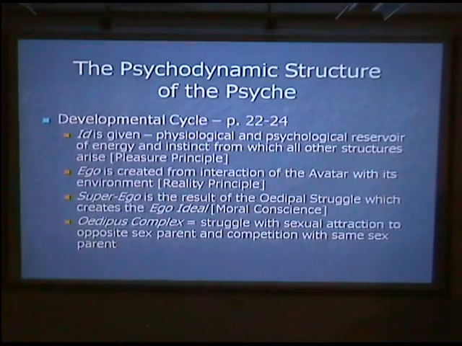As it encounters all of these things, it has to adapt. And it is that adaptation which creates the ego. Okay? And it is dominated by the reality principle. That is, it needs to know what's real. What's actually real in the material world out there. And so it develops its concept, its map of reality based on its encounters with all of these objects.